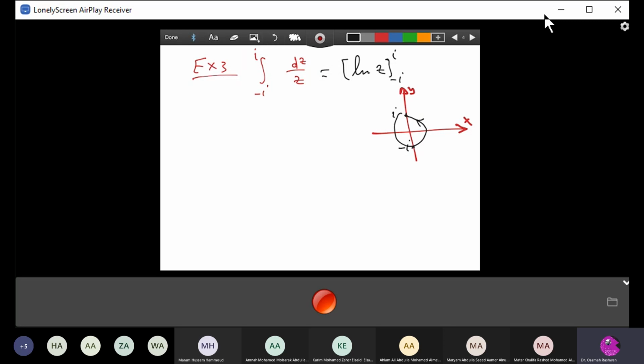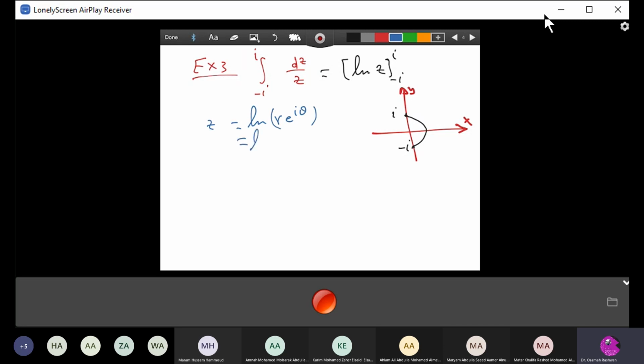Let's go for one side only now. If I'm going from this one to this one, z equals what? ln z. I can write z as r e to the i theta.